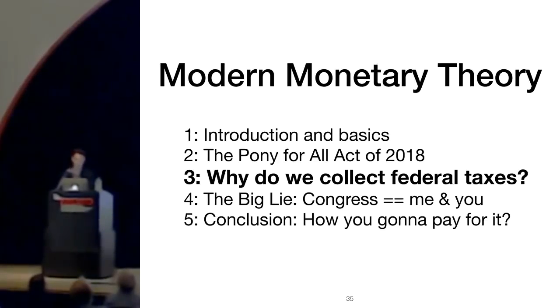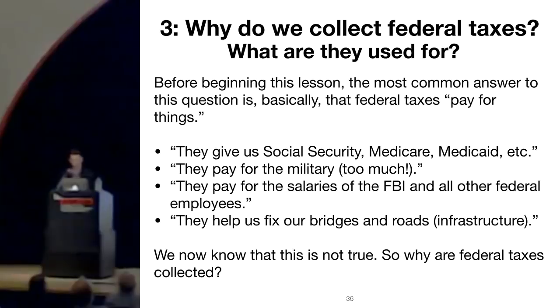Next chapter. Why do we collect federal taxes? So when I give this lesson one-on-one to people, before I begin, I ask them, why are federal taxes collected and what are they used for?